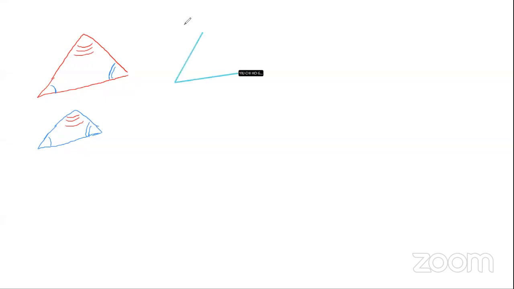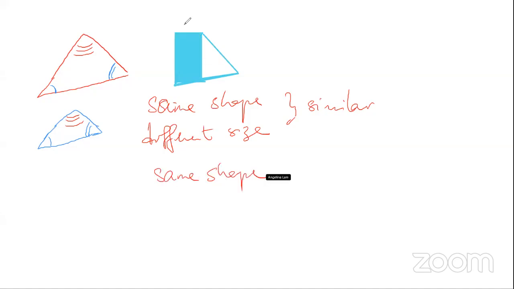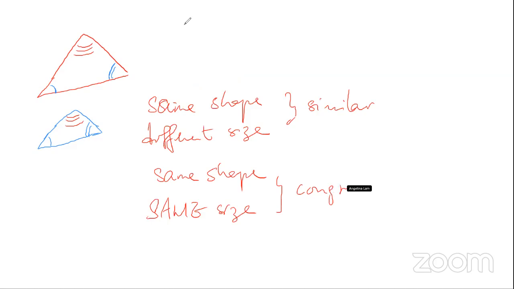And just now we also have seen that in this case, the shape is the same but the size is different. Then in this case, we call them similar. Congruent means same shape and same size also.